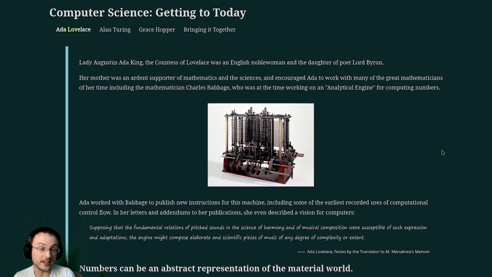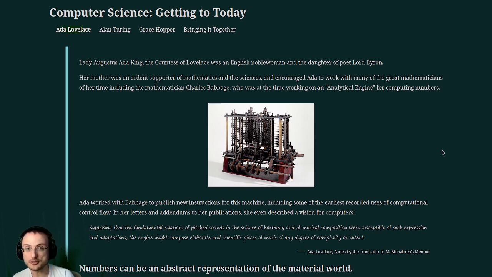And Ada Lovelace, in publishing her instructions for the analytical engine, came to a realization that so far they had been thinking about this machine in a very narrow perspective. They had been thinking of this as a simple calculator, but in reality, we weren't limited to just doing operations on simple numbers.